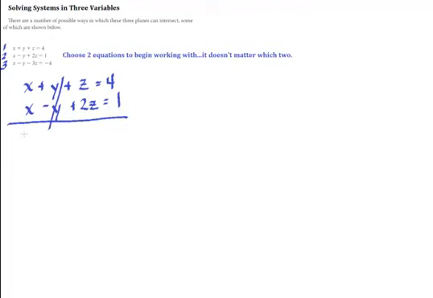So notice this, 2x plus 3z equals 5. Because I chose to make the y disappear, I am going to need to continue making the y disappear. So let me write that down for you.